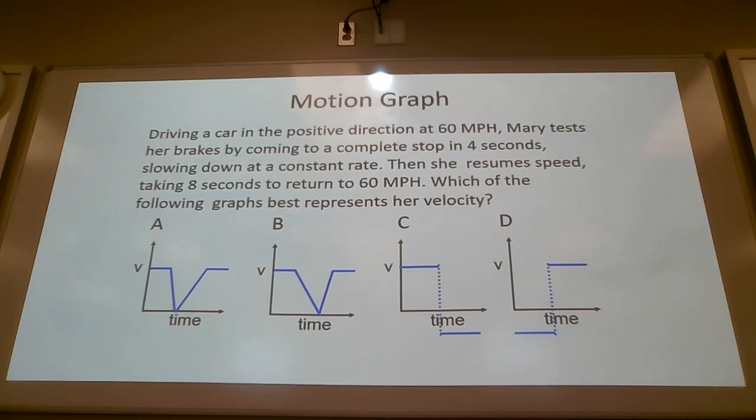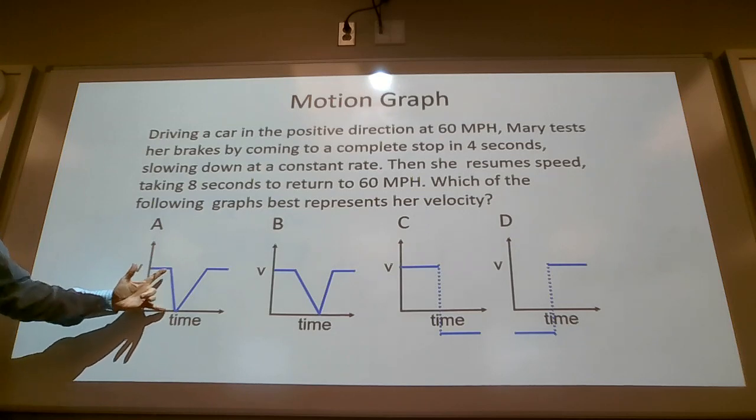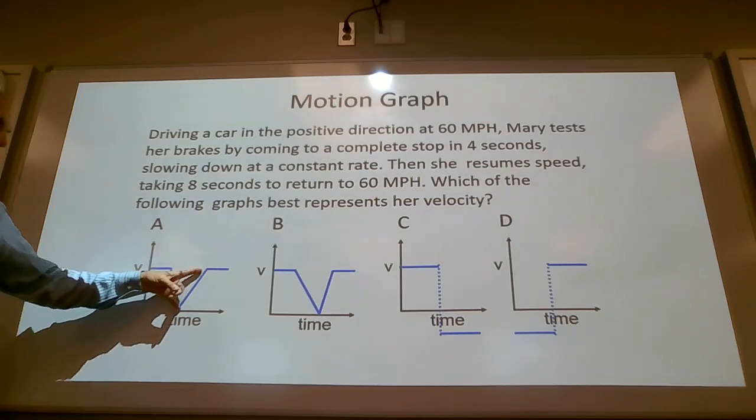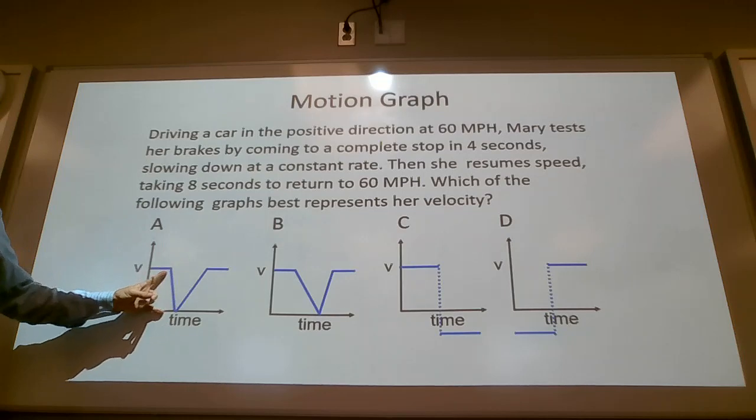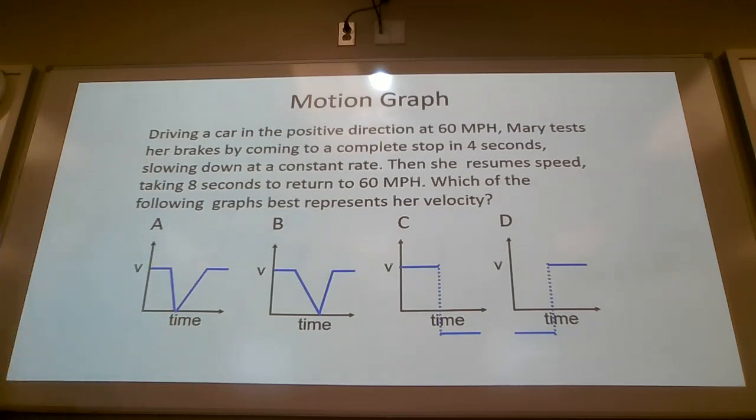Talk to your neighbor. Correct answer is A. She slows down in less time than she speeds up. So you have a steeper slope here, shallower here.